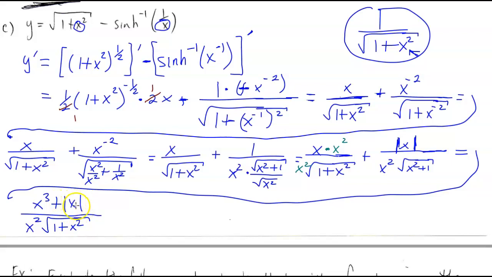But the point that I'm trying to make is if x is negative, then this x cubed here is going to be negative, even though this second term in the numerator is going to be positive. However, if x is positive, then both the first and the second term are going to be positive. And so we have to account for that.